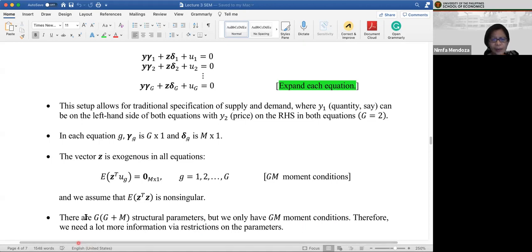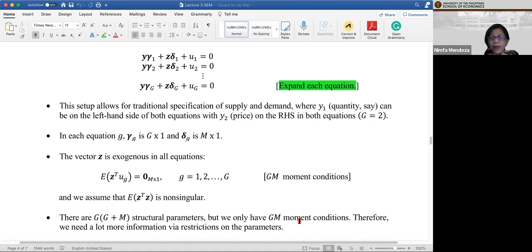So the structural parameters would be G squared plus GM. So we have an extra G squared structural parameters above the GM moment conditions.